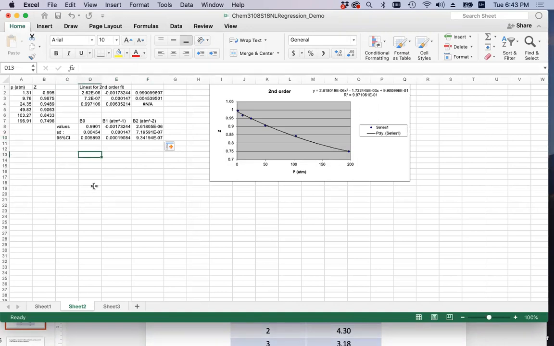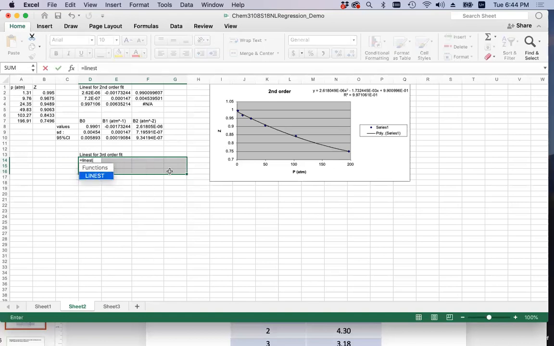If not, I'm going to move right on ahead and repeat this and do a LINEST for the third order fit, because I think it's instructive also to look at what the parameters and uncertainties look like if you go to a higher order fit. So now I'm going to select 4 different columns because I need 4 fit parameters in this third order polynomial fit. I'm going to do the same thing. I'm going to type LINEST, select the known y data range, select the known x data range.